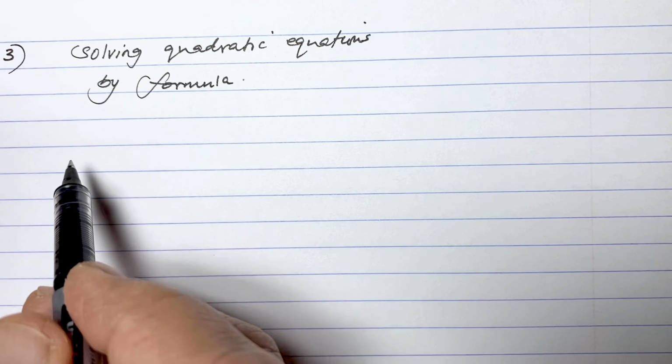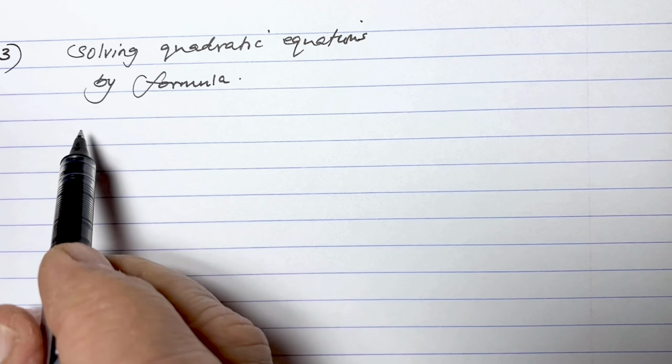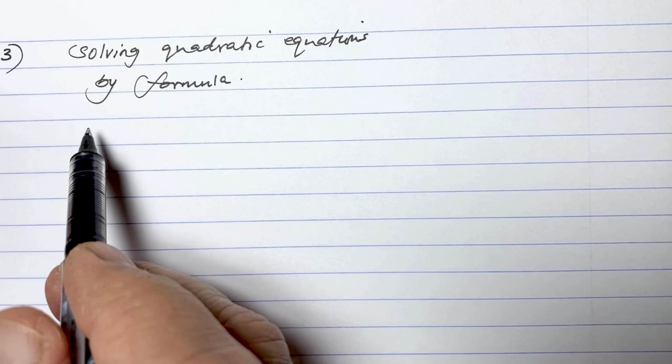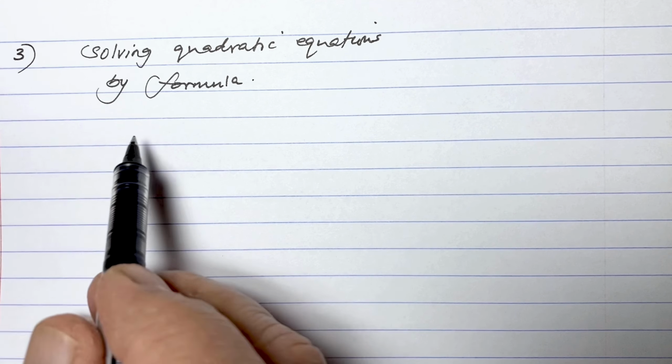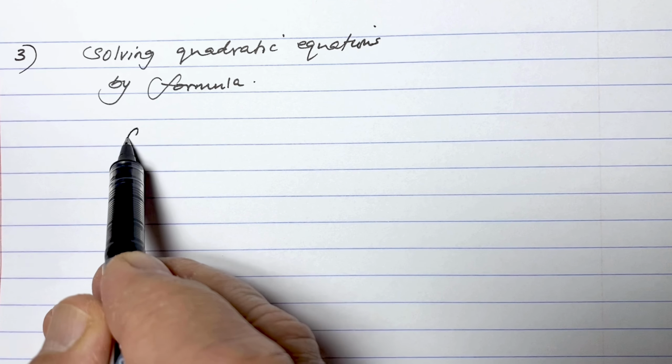Now, the formula is the end product of performing the completing the square on a general form of a quadratic equation.